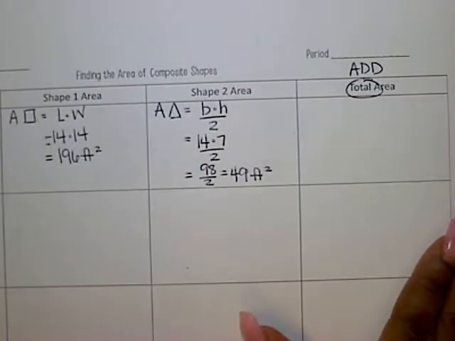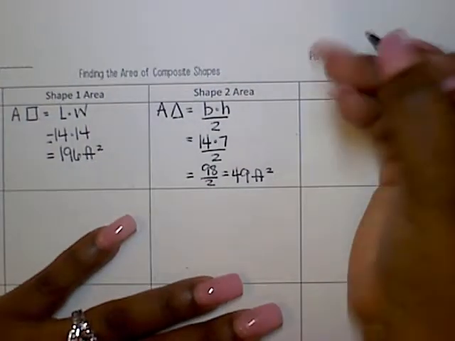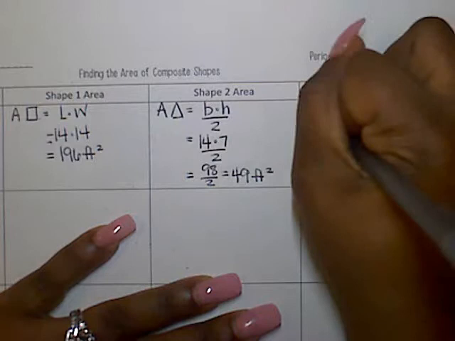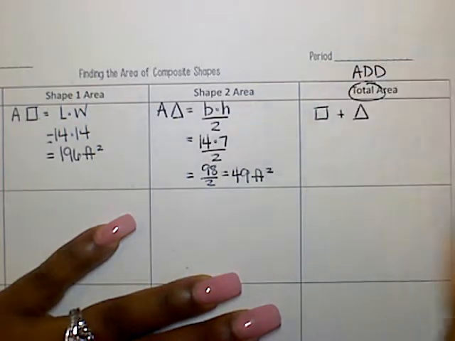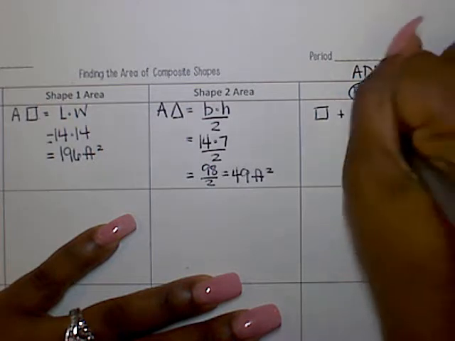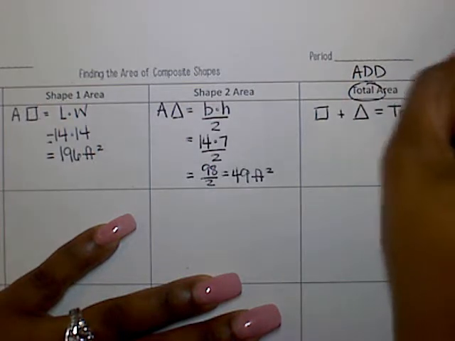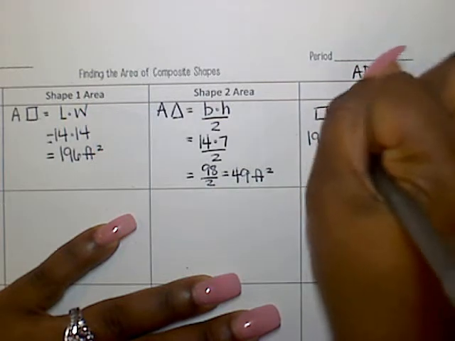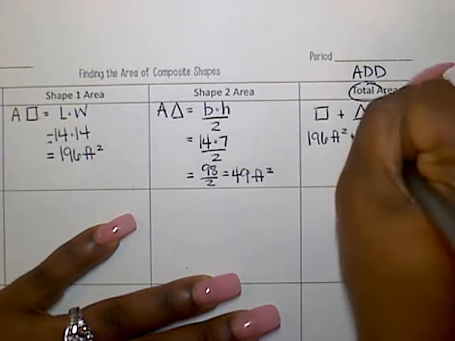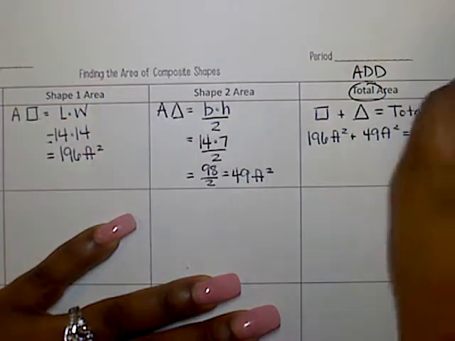So we have both our square and our triangle areas. Now we want to add them together in order to find the total. So we're doing square plus triangle, that's going to equal our total. Square was 196 feet squared, plus triangle, 49 feet squared, equals our total.